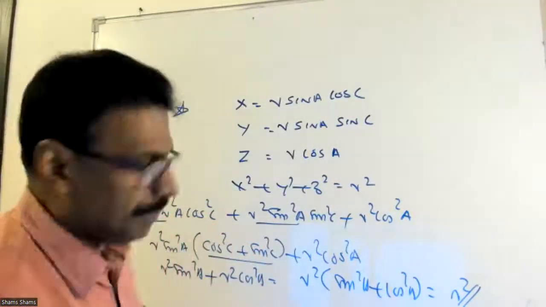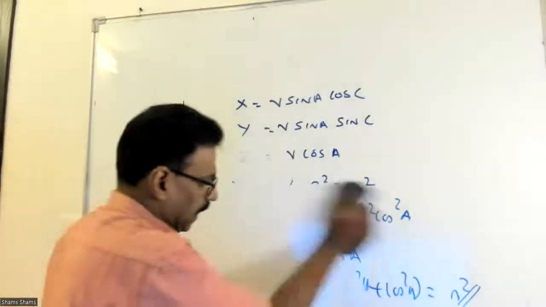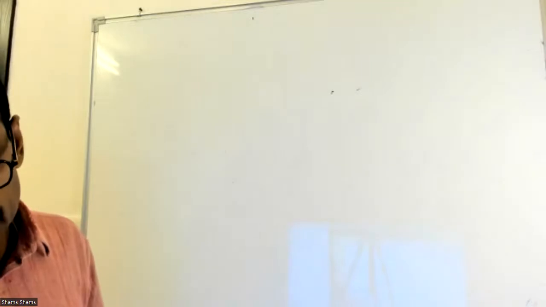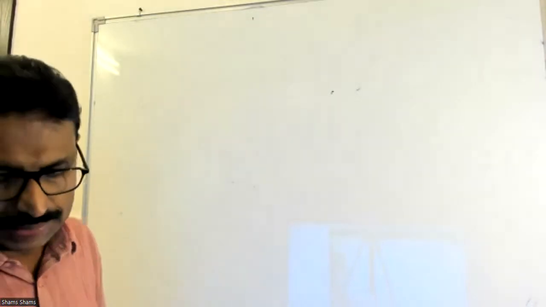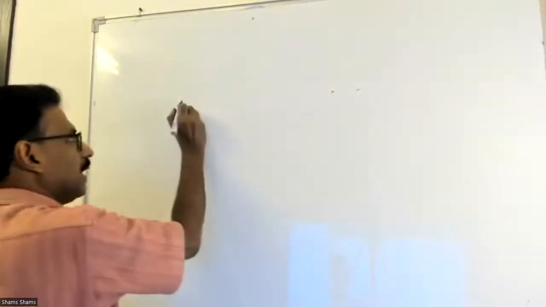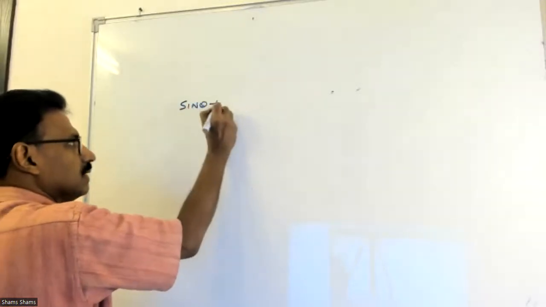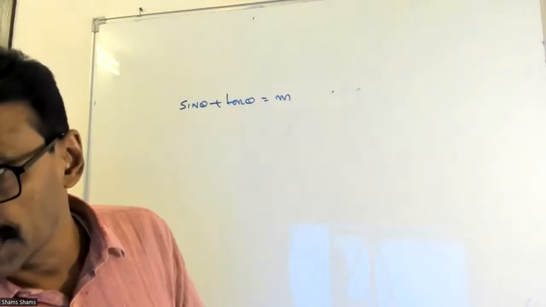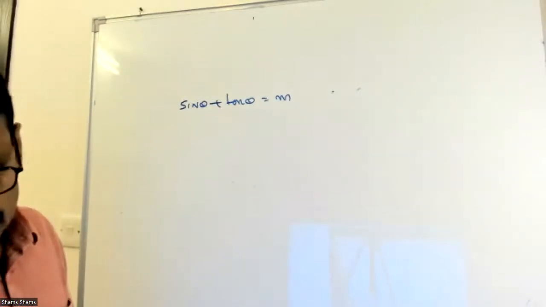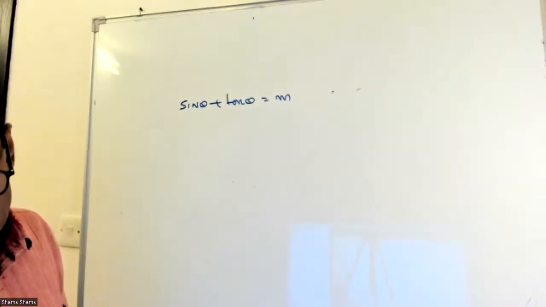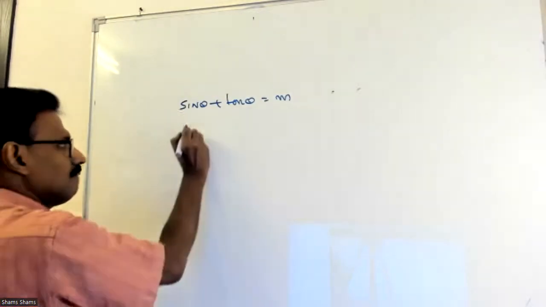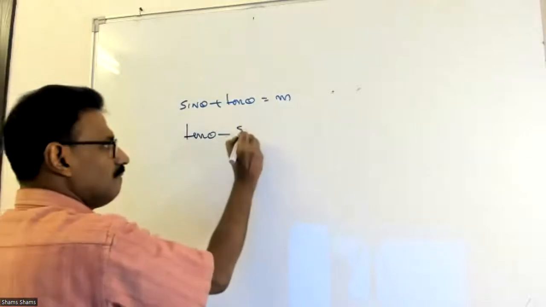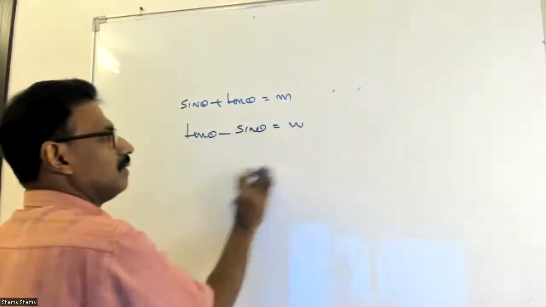Sine theta plus tan theta equal to m. Then tan theta minus sine theta equal to n.